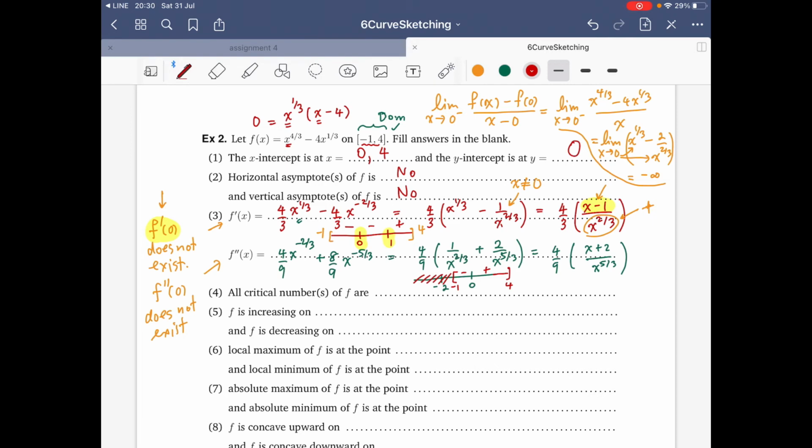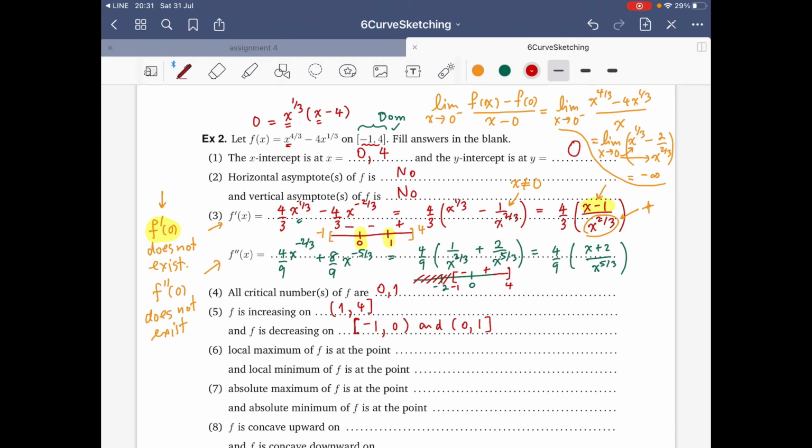So the critical numbers will be 0 and 1, and f will be increasing from 1 to 4, and decreasing from -1 to 0, and from 0 to 1. Decreasing means that f prime is negative.